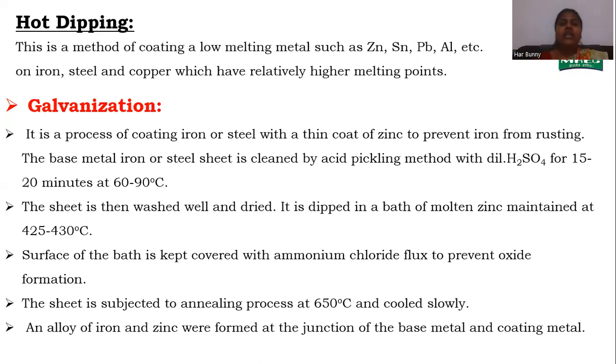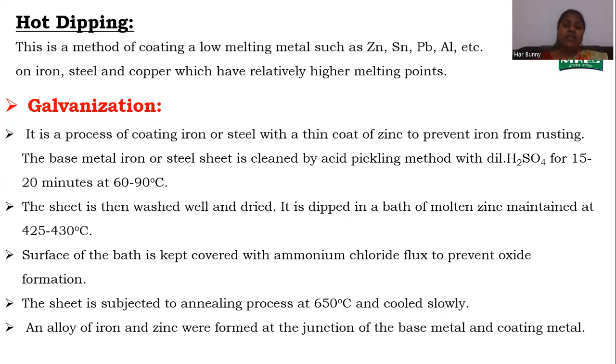Here the zinc metal will be in the molten form. The iron metal is dipped in the molten state of zinc, which is maintained at 425 to 430 degrees centigrade.